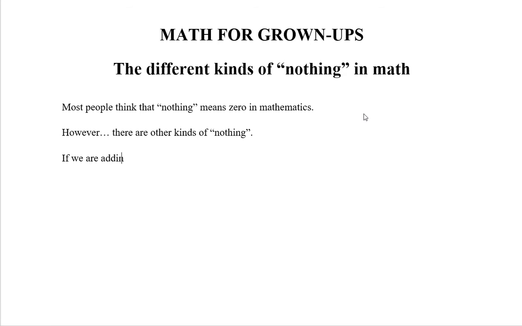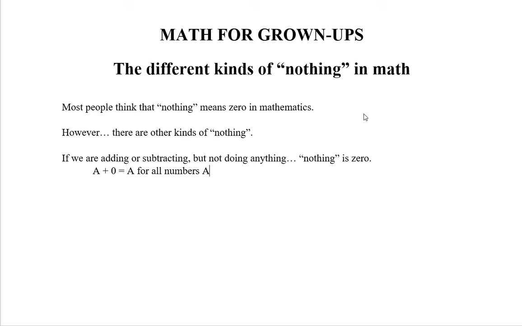If we are adding or subtracting, but not doing anything, then nothing is zero. In algebra, we would say a plus 0 equals a for all numbers a. If a is a number and you add 0 to it, you don't change a.